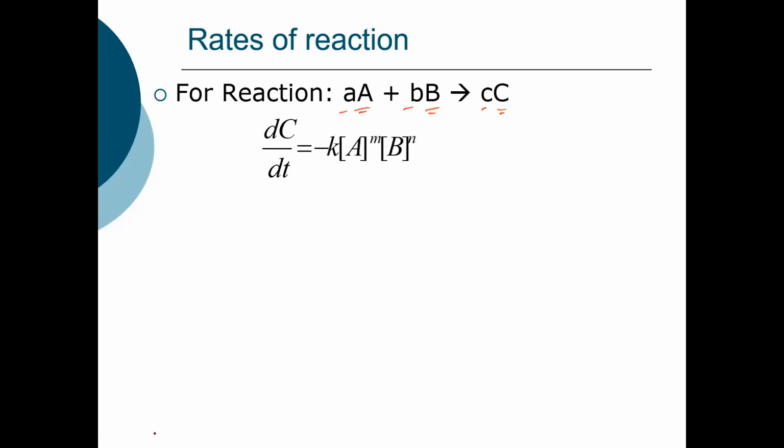So the change in C with respect to time is equal to some rate constant times A and B. Now, M and N are not based on the stoichiometric coefficient, except in some very, very special cases. M and N are empirically derived. So you've got to obtain this information from the empirical data.